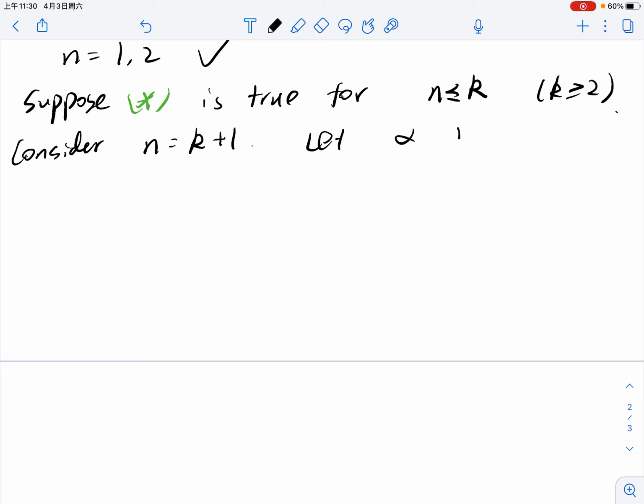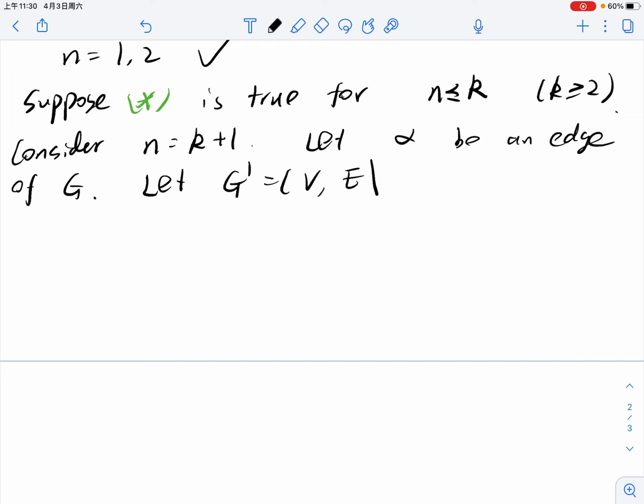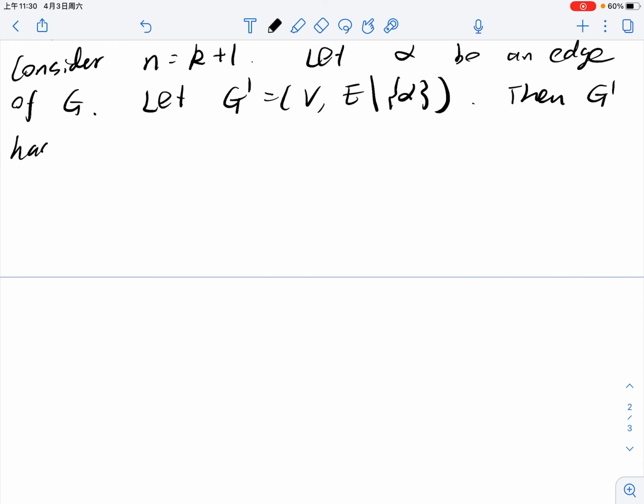Let alpha be an arbitrary edge of G. Now consider a subgraph G prime derived from G by removing alpha. Then G prime has two connected components. This is a result we proved last time.